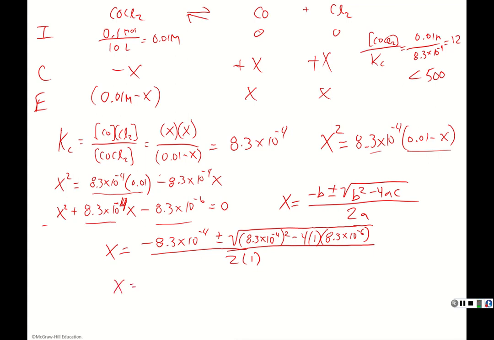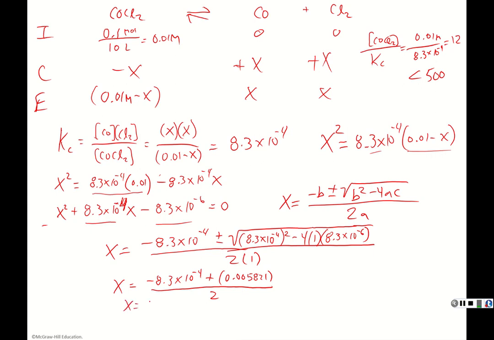So x equals 8.3 times 10 to the minus 4. We have to do plus and minus, so let's do plus first. Plus that square root, all of that should equal 0.005821. Okay, and then divide that by 2. Well, what do we get for that?